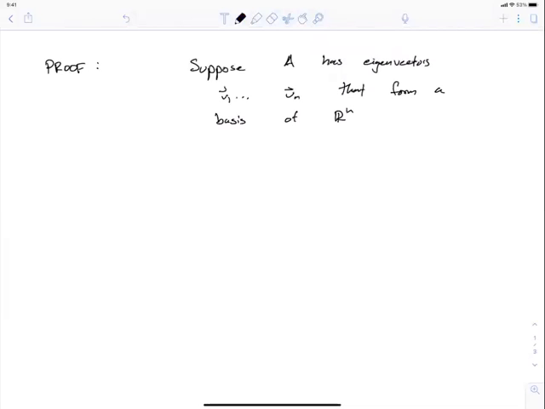And our goal here is to show A can be diagonalized.